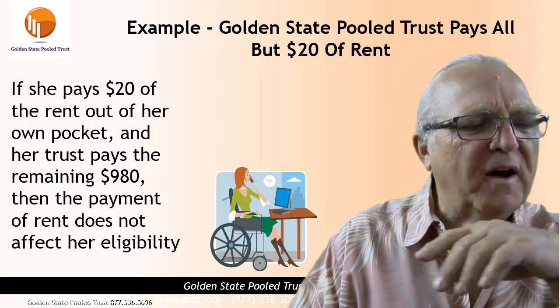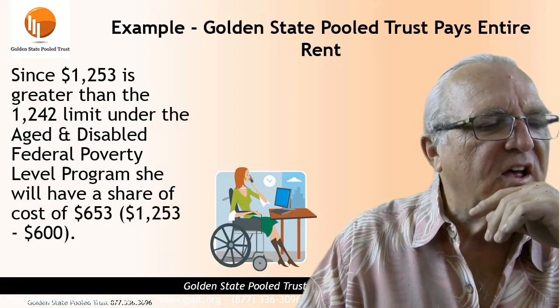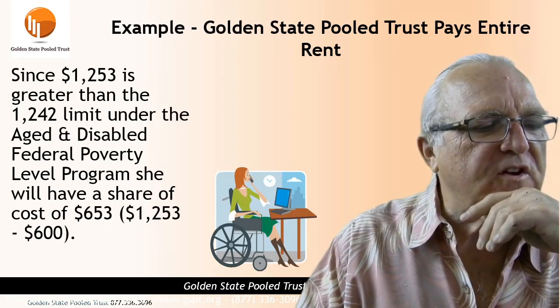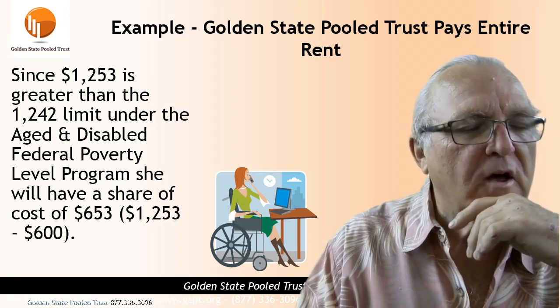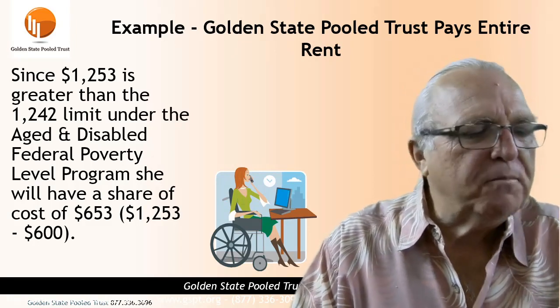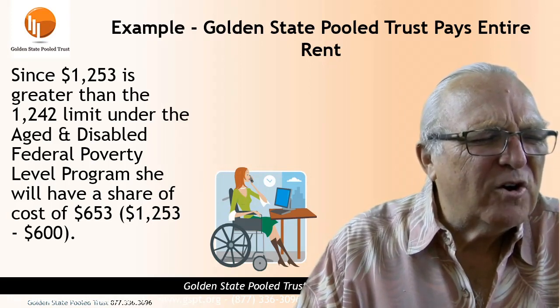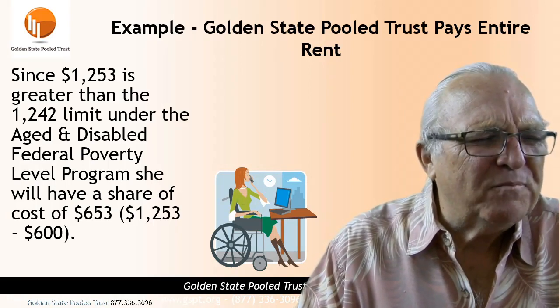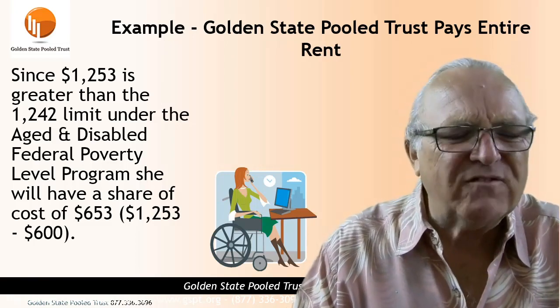The other example we might look at in this case, and I'm going to go back one slide, is that the $153 was just enough to shove her into share of cost. But remember, if we go back to the numbers, we probably could pay for her utilities here, which has a lesser amount that's added, without a problem. So it's a numbers game.